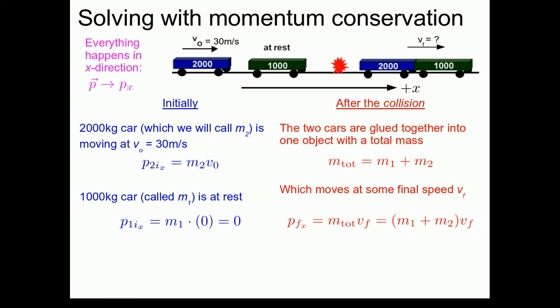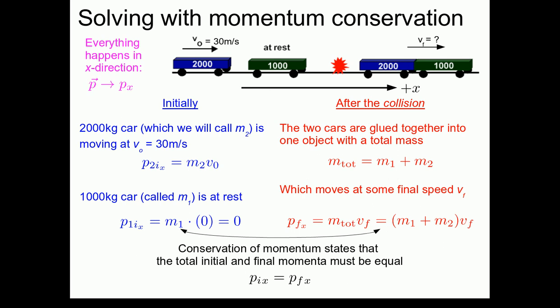So the final momentum in the x direction, which we write mathematically as p sub f sub x, is equal to the total mass times the final velocity vf. Since the total mass is m1 plus m2, we know that the final momentum is m1 plus m2, the quantity, multiplied by v sub f.